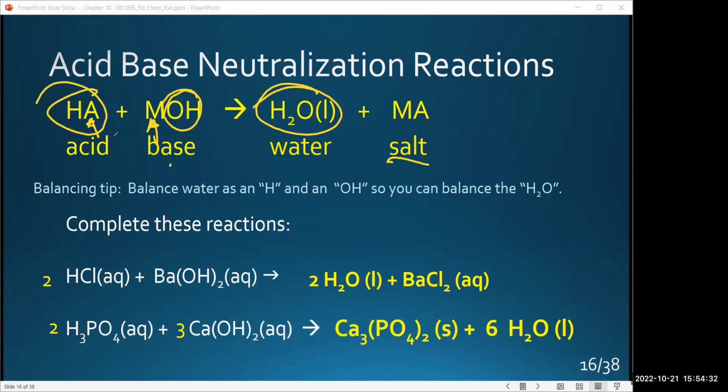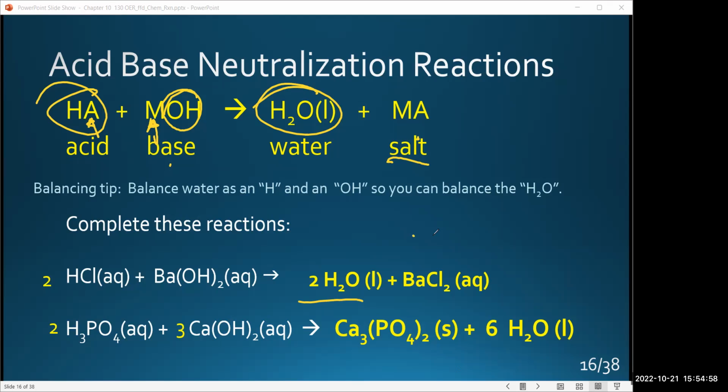Okay. To balance them, follow the protons created in the hydroxides, because one proton and one hydroxide create one water. So if you follow that, you balance your water out first, and then write the salt in ionic form first, before you put them together, to make sure you put them together in the right ratio.